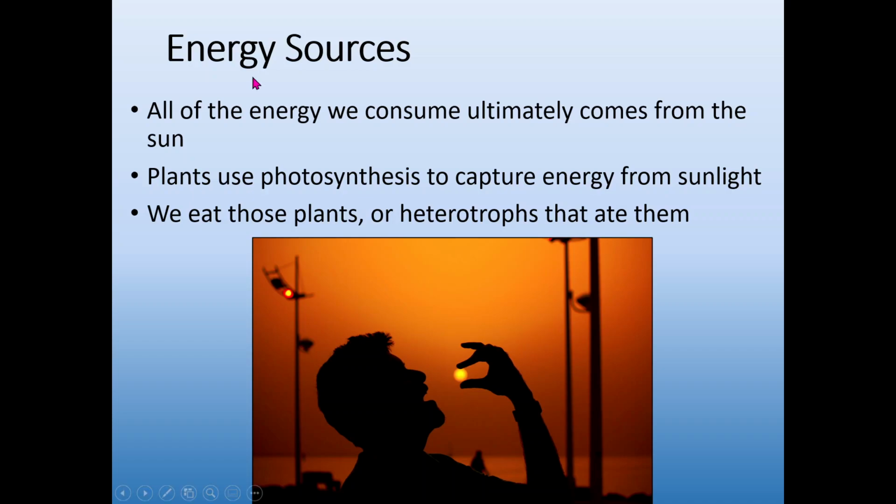It is giving off energy that is being harnessed by organisms on this planet, in this case plants. They do photosynthesis, which captures that energy from sunlight. They turn it into larger biomolecules, and then we eat those plants, or other organisms eat those plants, and we eat those organisms, and we take energy from that. So all of the energy that allows you to function directly comes from the sun's process.